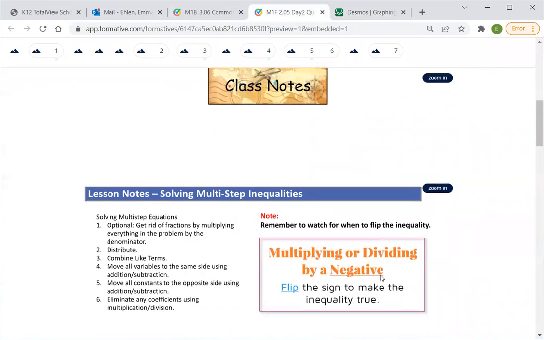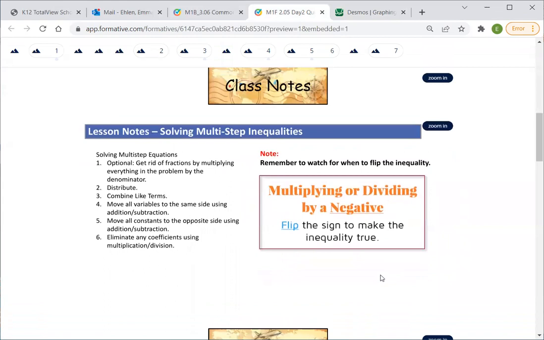So today you guys are just going to do the same exact steps as yesterday. The only new rule, remember, is when you divide or multiply by a negative, you have to flip the inequality. Today we're just going to add a couple more steps. Remember, if there is a fraction, we have to multiply everything by the denominator.